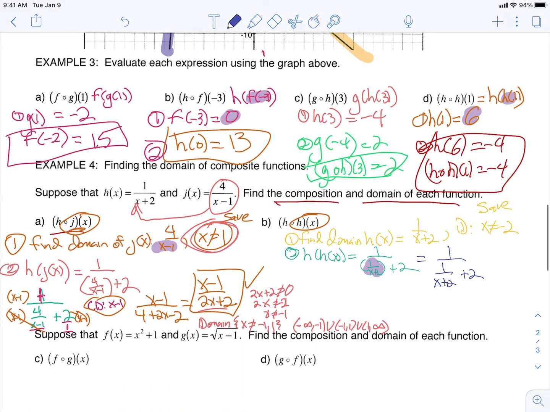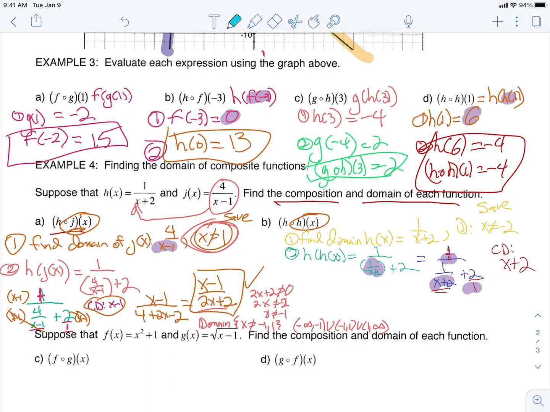So in order to really get a feel for this, let's go ahead and make sure we can simplify this, and we have to find the common denominator. Well, if I look at this again from a different set of eyes here, I could clearly see that there's a denominator of x plus 2. 2 is the same thing as 2 over 1, and 1 is the same thing as 1 over 1. So if I look at my denominators, I have a denominator of x plus 2, a denominator of 1, and a denominator of 1. So my common denominator is x plus 2. And now I'm going to multiply everything by x plus 2.